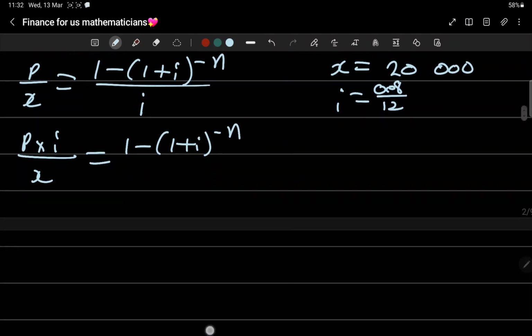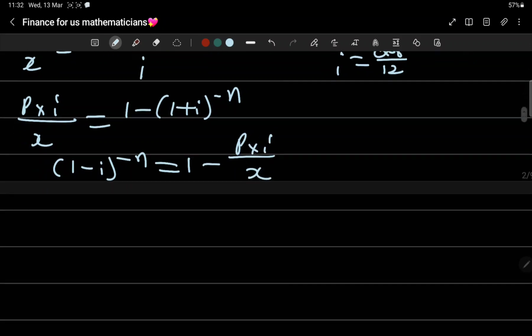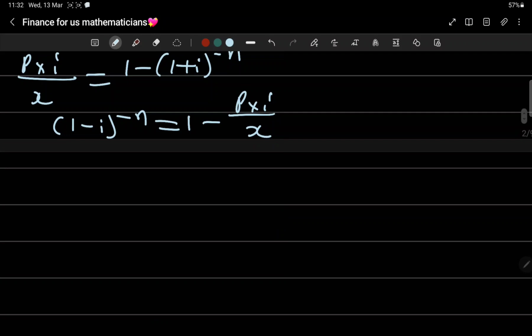The negative on the right comes to the left and becomes positive, so 1 plus I to the negative n equals 1 minus P times I over X. Then to solve for n, let's use logarithms.